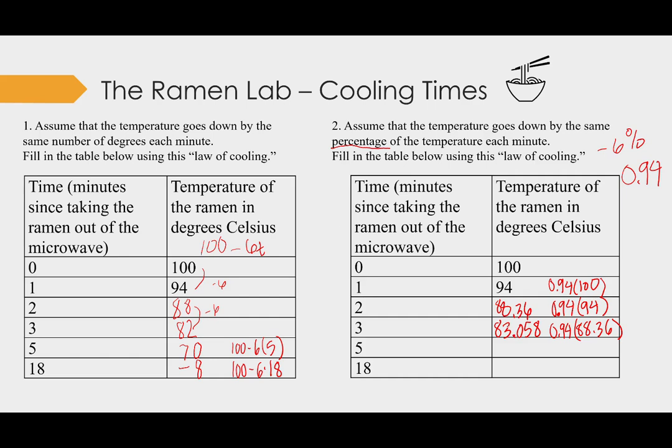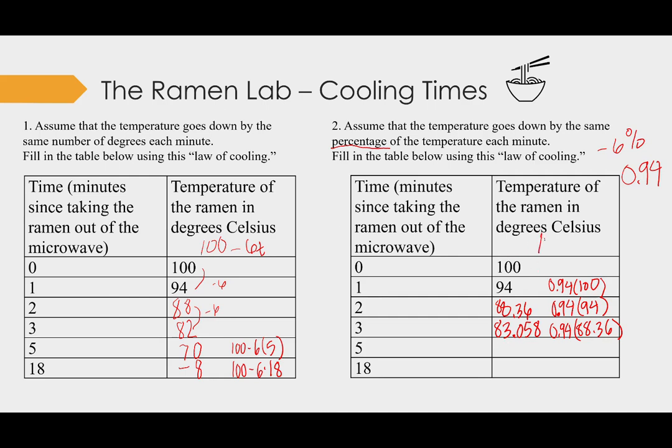Notice right now, if we compare the two tables, they are not very different. 100, 94, 88, 88.36, 82, 83, so they are pretty close together. But that's about to change once we get to 18. But let's think about, because remember the next one is not 4, and so I can't just multiply by 0.94 times 83. But let's see what the pattern is on this one, right?